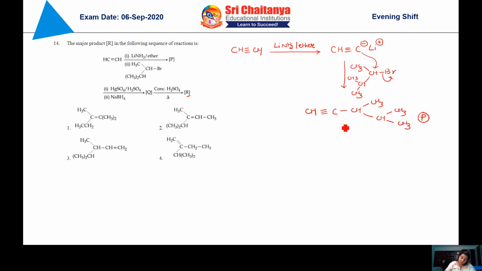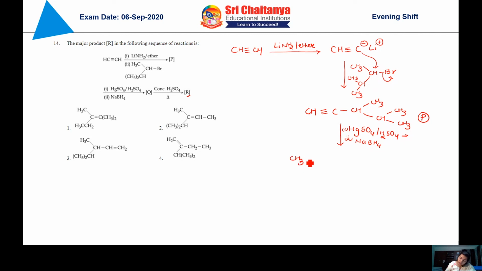Okay. Now this P is made to react with HgSO4, H2SO4, and in continuation with NaBH4. So if NaBH4 is given in the case of alkynes, certainly the answer will become an alcohol. It is a Markovnikov addition of water here.